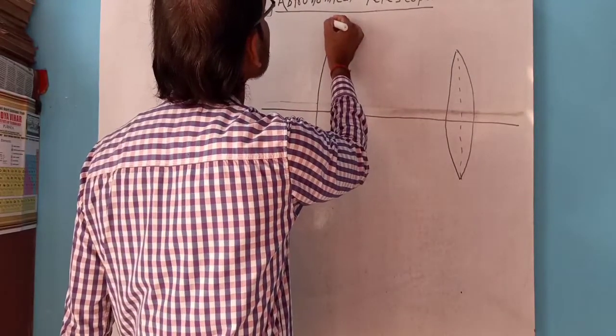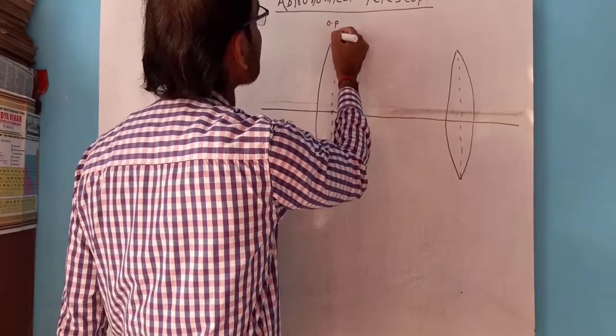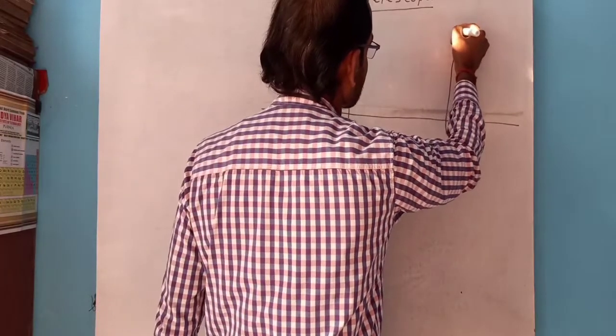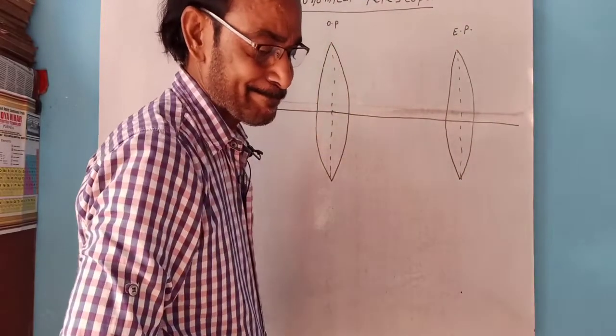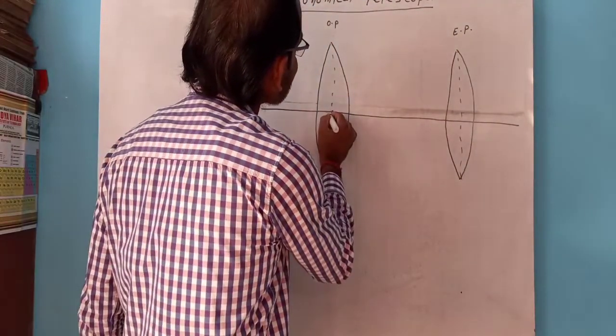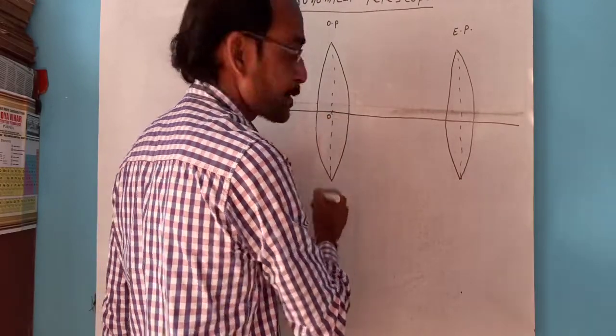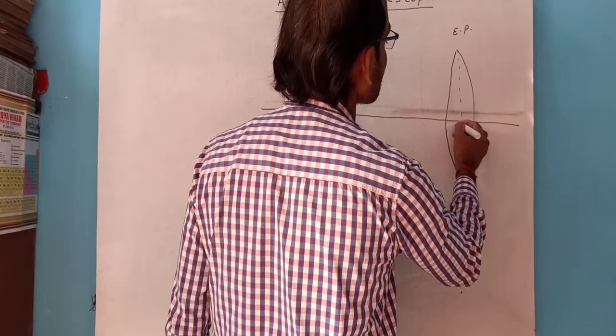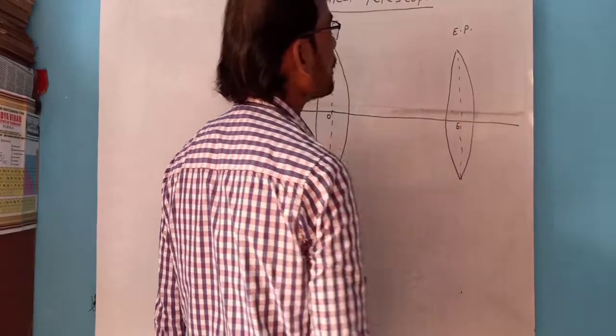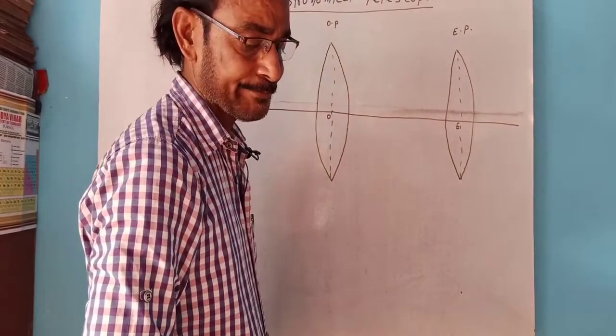It is OP, the objective piece, and EP, the eyepiece, with optical center O of the objective piece and optical center E of the eyepiece.